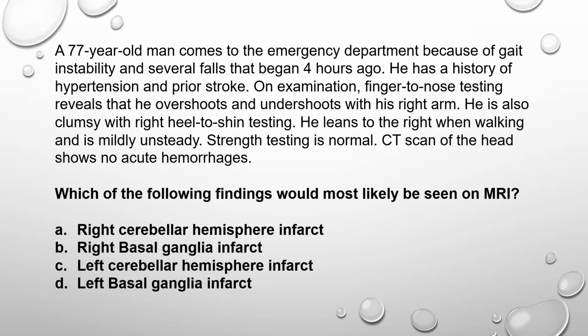This patient suffers from gait instability and several falls. Also, the finger to nose testing reveals that there is tremor and ataxia in the right arm, because of overshooting and undershooting with his right arm, and he is also clumsy with his right heel to shin testing.